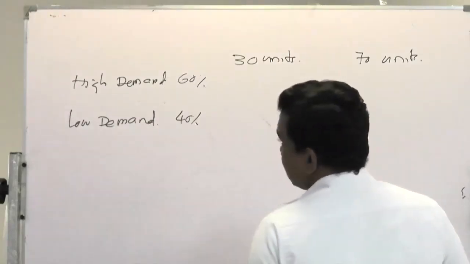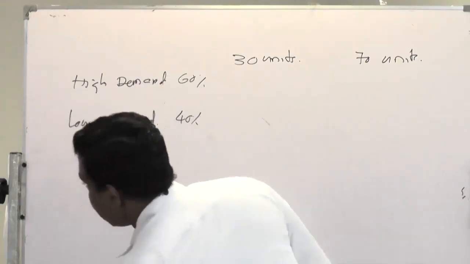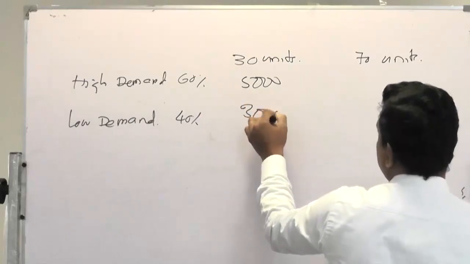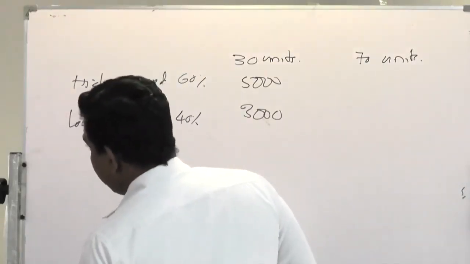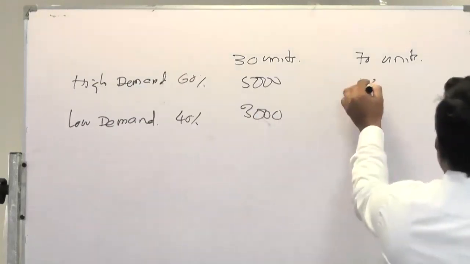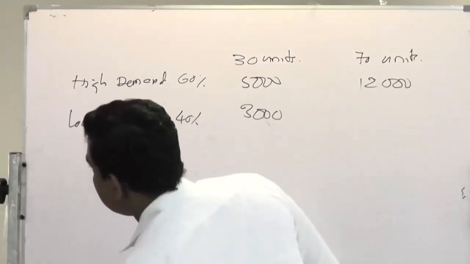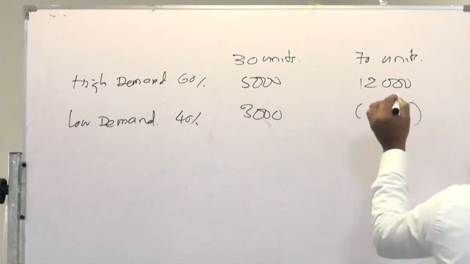Profits given under the 30 units are 5,000 and 3,000. Under the 70 units, 12,000 and low demand minus 7,000. That's a loss.